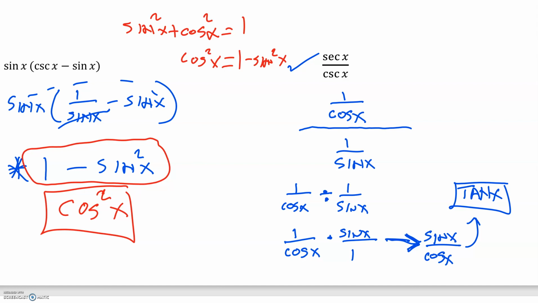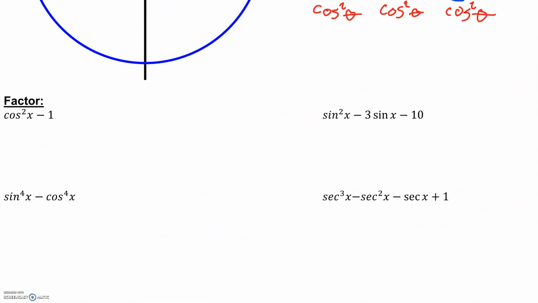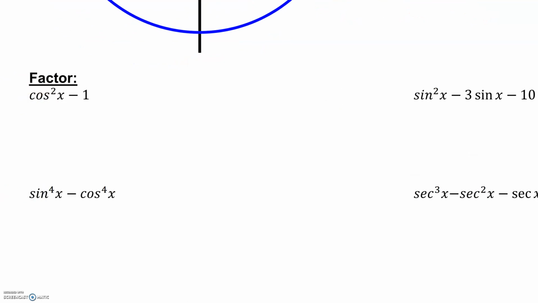Think about the ellipses and hyperbolas and circles and parabolas. We did completing the square on those to get them to look like something that was a little bit easier to figure out. All right, let's look at a couple of these. So this first one here is factoring. Now, this may not look familiar to you, but what if I were to change it to be y squared minus 1?